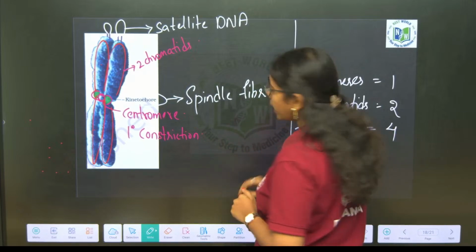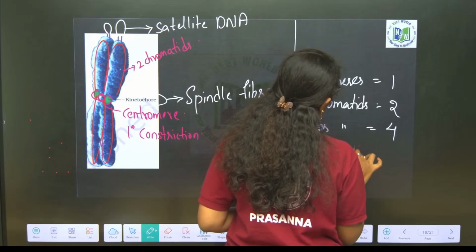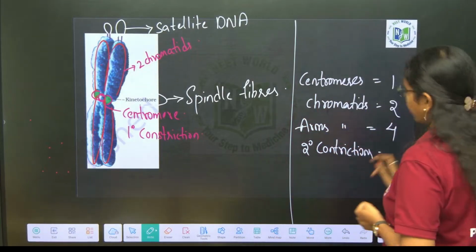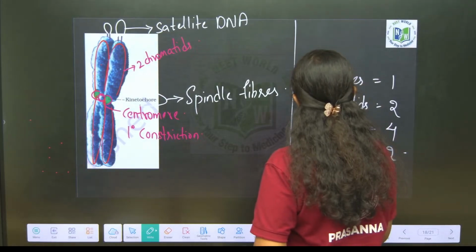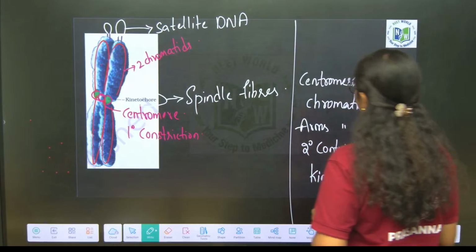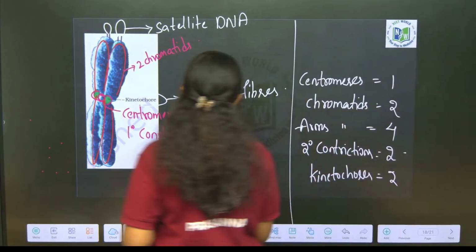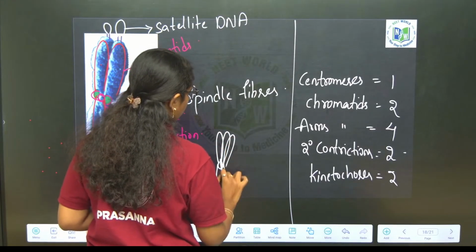How many secondary constrictions? Two. Two secondary constrictions. How many kinetochores? Two. Okay. Now let me draw one more structure of the chromosome, to ask you for the number of chromatids.